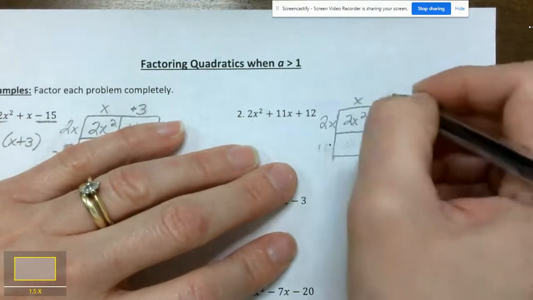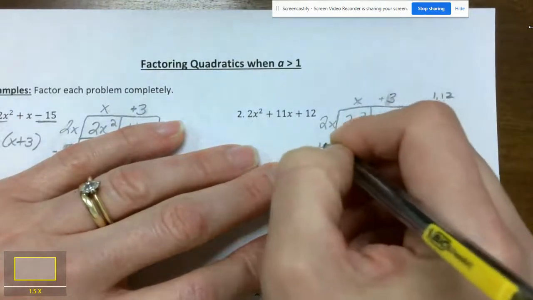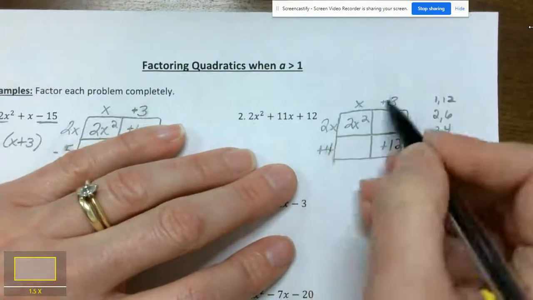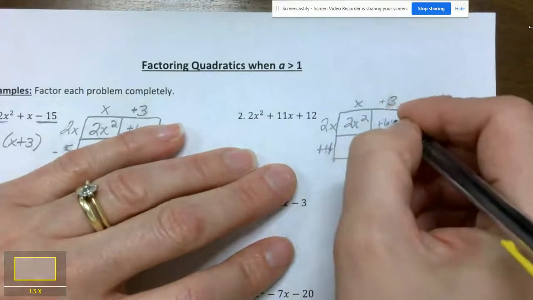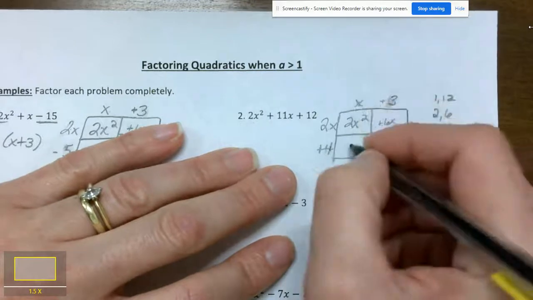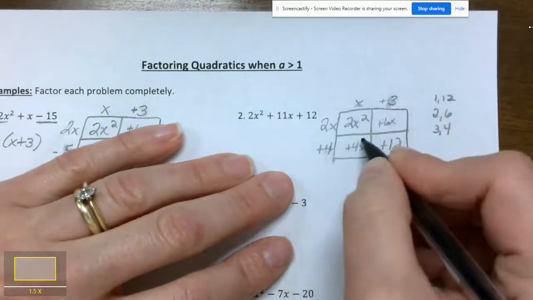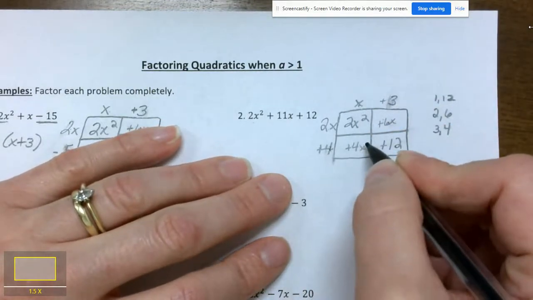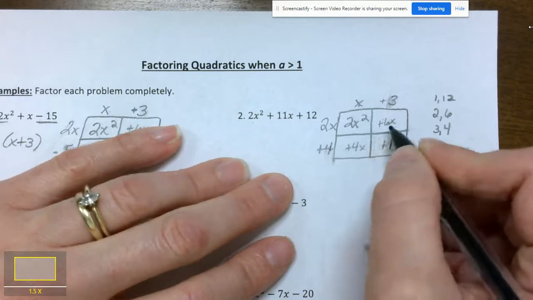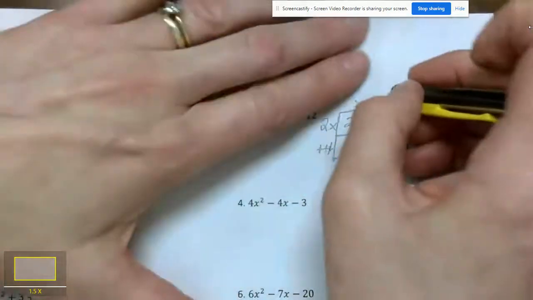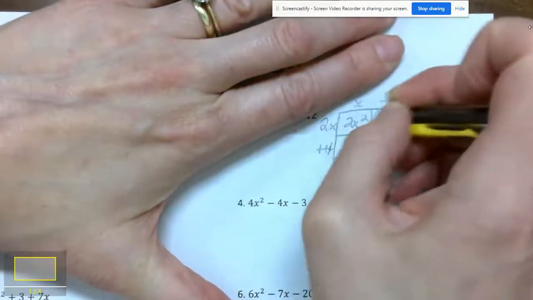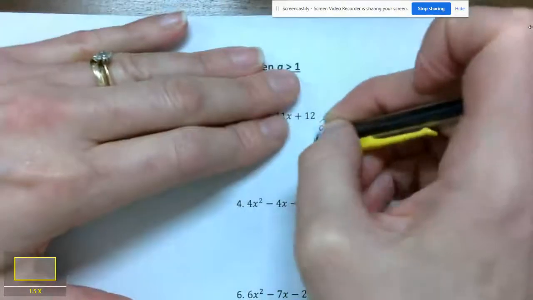Let's try that one. If I put plus 3 here and plus 4 here, 2x times 3, that's plus 6x. And 4 times x, that's plus 4x. Okay, that gives me 10x. 6 plus 4 is 10x. All right, that doesn't work. Okay, but what if I switch out the 3 and the 4?